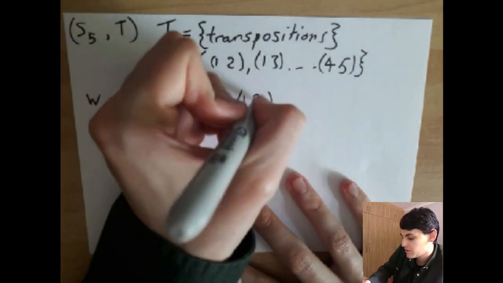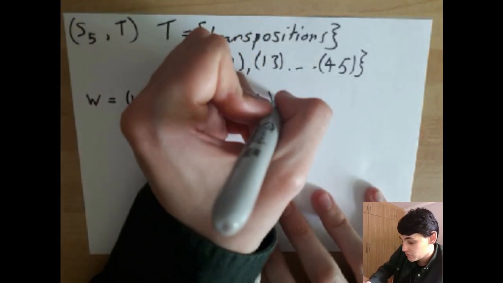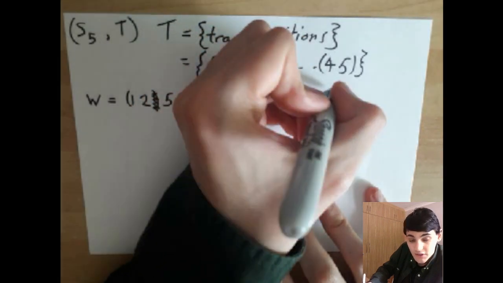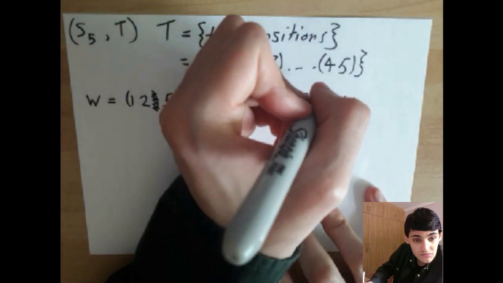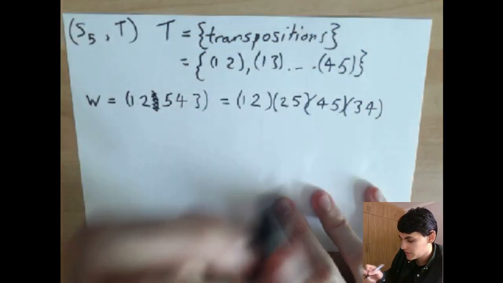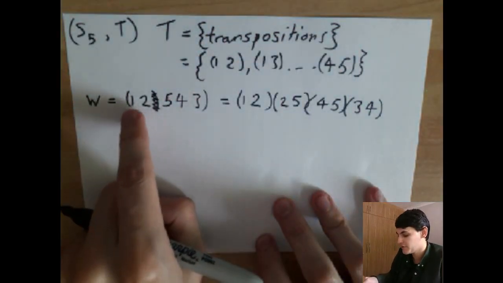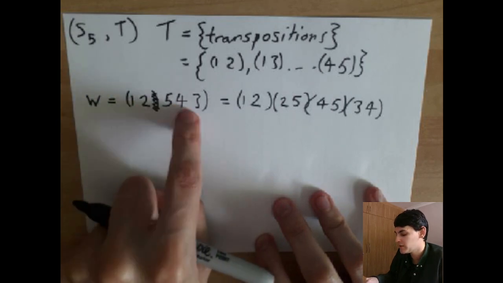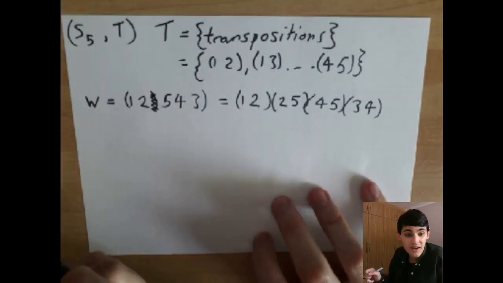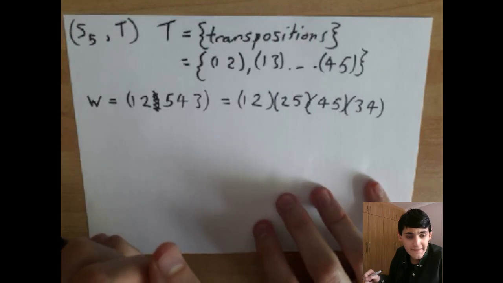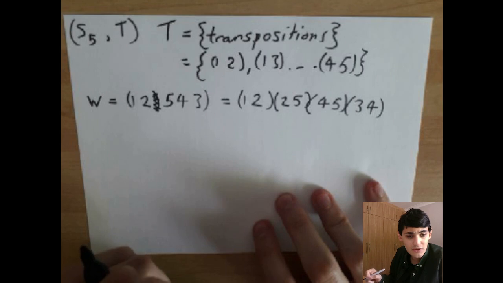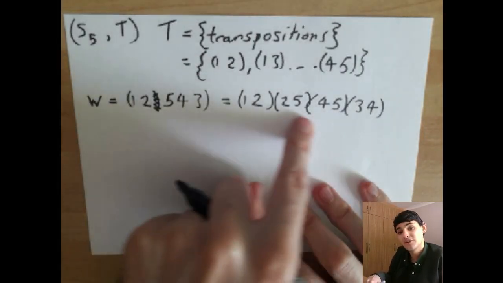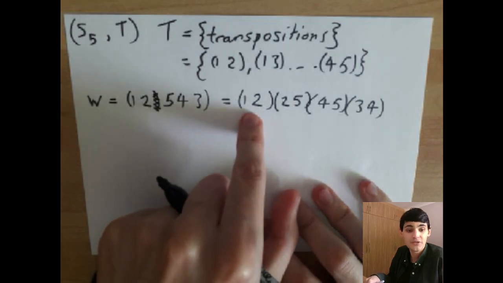We can decompose that into (1 2)(2 5)(4 5)(3 4). So I've just sort of pairwise split this up. I'm going to tell you that this is reduced.